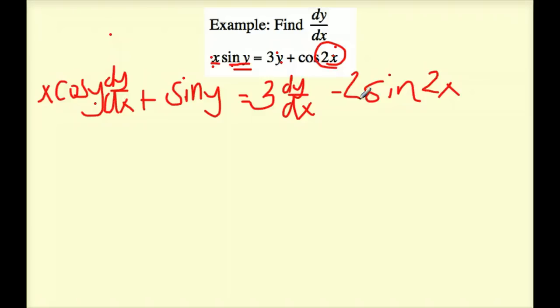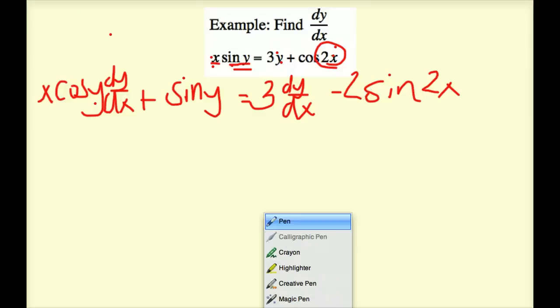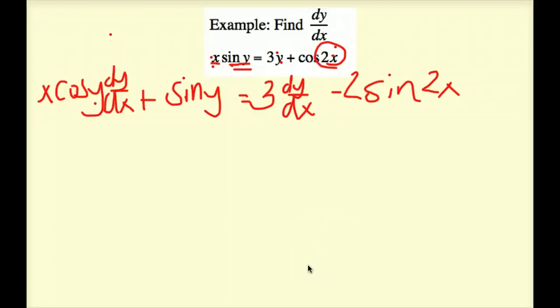Step 3 is to get all of my dy/dx terms together. So if I highlight this, I see that I have a dy/dx here, and I have a dy/dx here. So I'm going to want to get these 2 yellow terms on the same side and move everything else over.